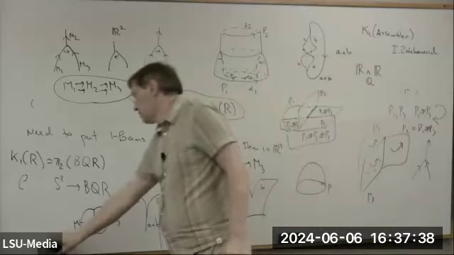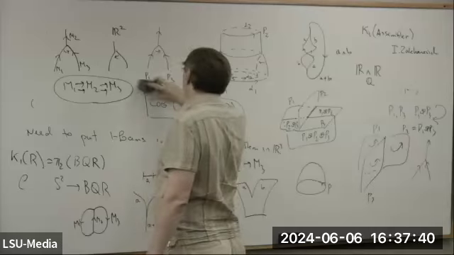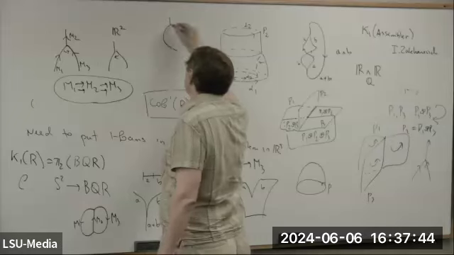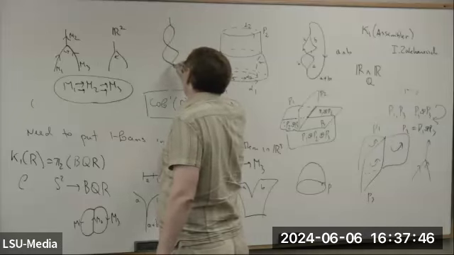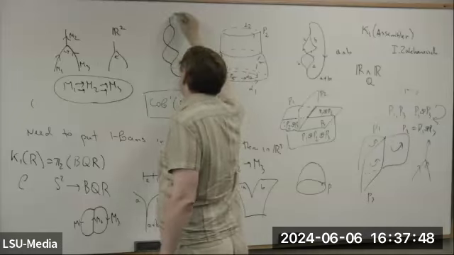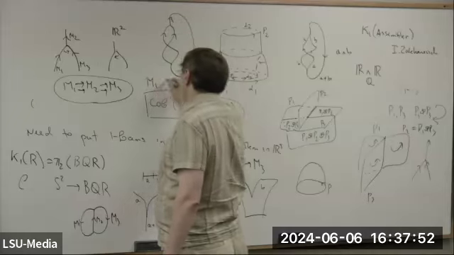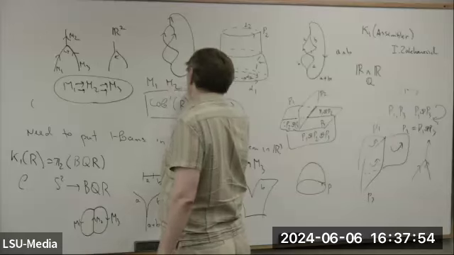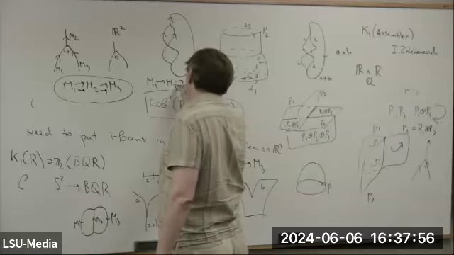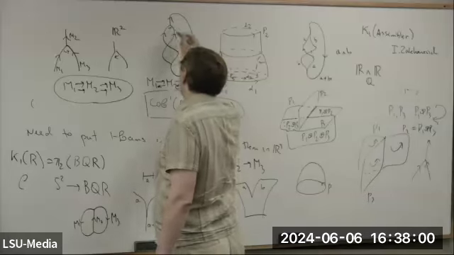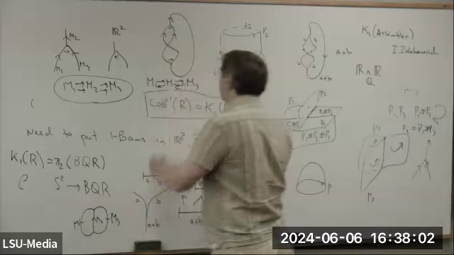In related work, Sherman shows that K1 is generated by pairs of exact sequences on M1, M2, M3, where you have a sequence in one direction and a sequence in the other direction, with the orders reversed.